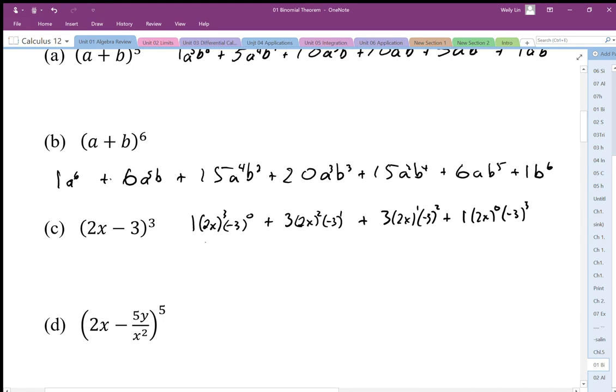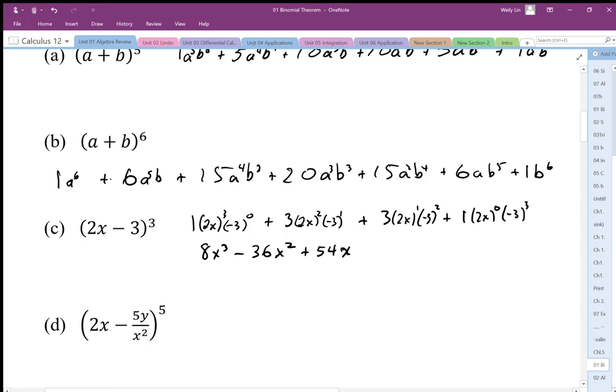So this becomes 8x cubed plus, this is going to be 3 times 2 squared times negative 3, so that's going to be negative 36x squared, plus, this is going to be 3 times negative 3 times negative 3 times 2, so that's 54x to the power 1.